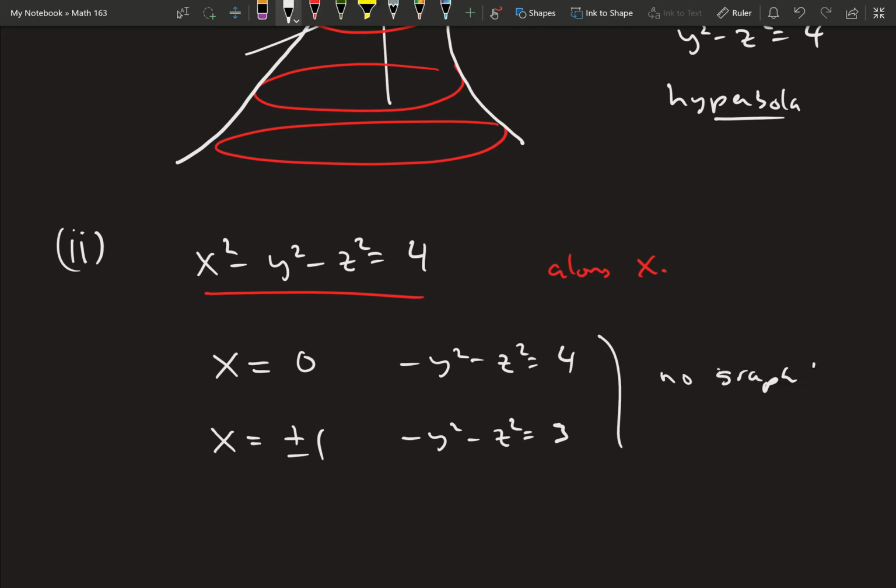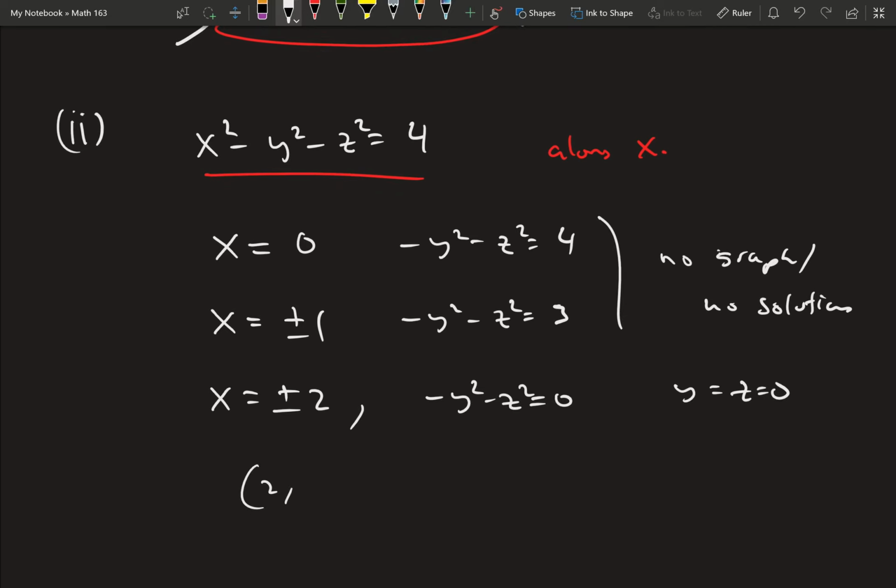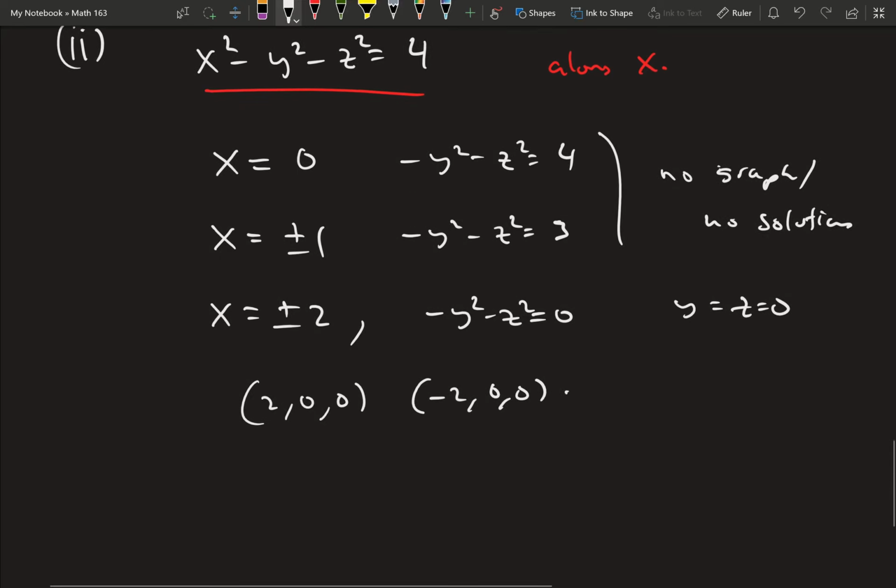No graph or no solutions. You need at least to get up to plus or minus 2 to get negative y squared minus z squared equal to 0, which means y and z must be 0. So you have these vertex points, if you will, 2, 0, 0 and negative 2, 0, 0, that are going to be part of the graph.